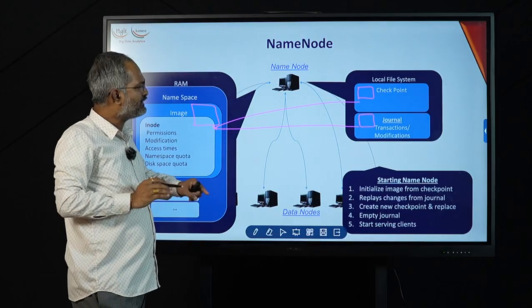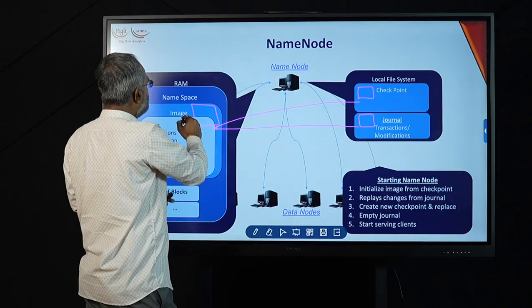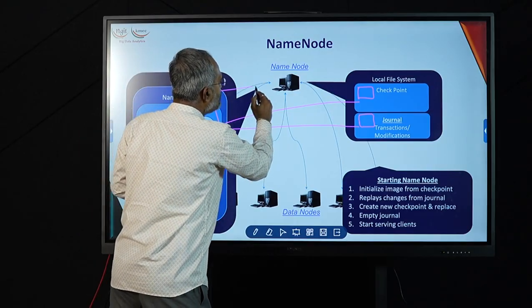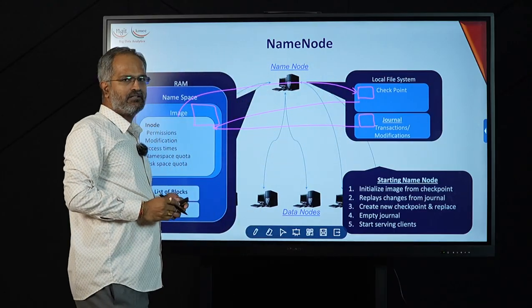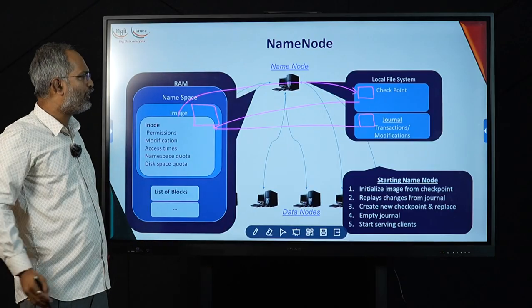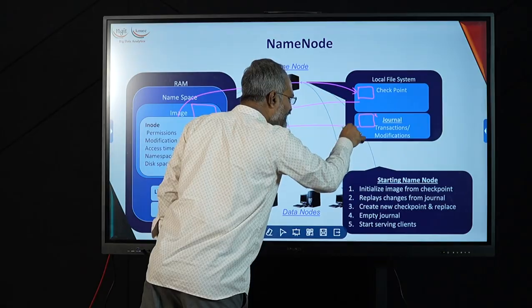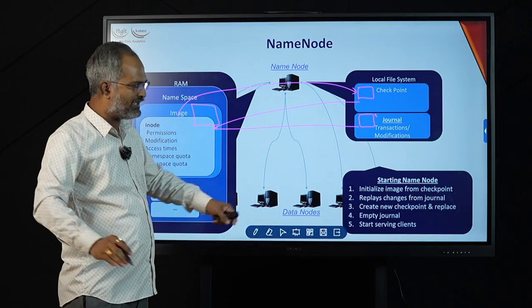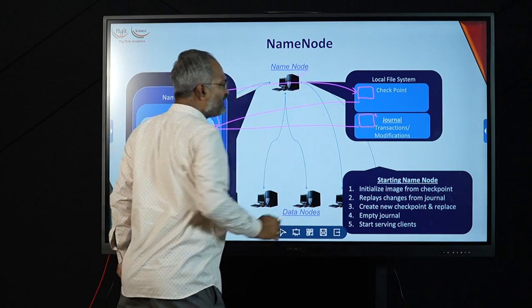The next step is the empty image will replace the checkpoint, so that again it is empty. Now the journal will be empty, already it is empty, and again it will be empty.